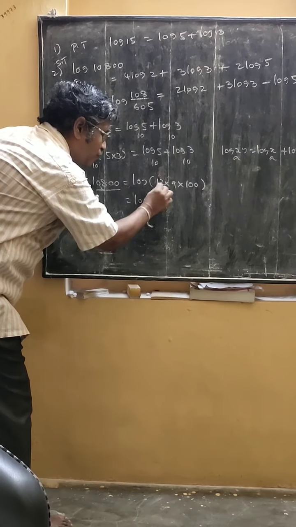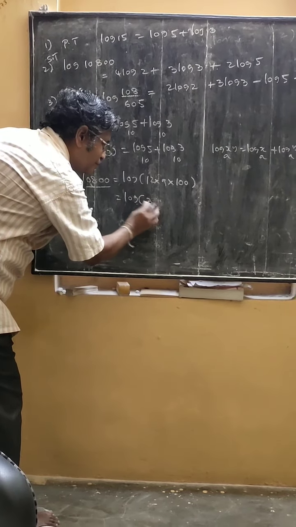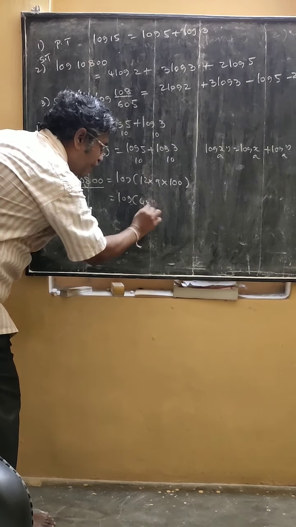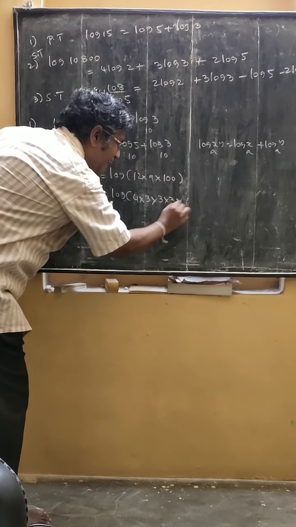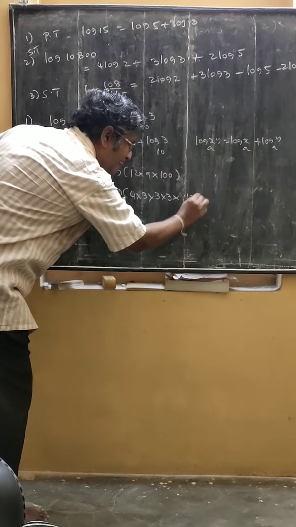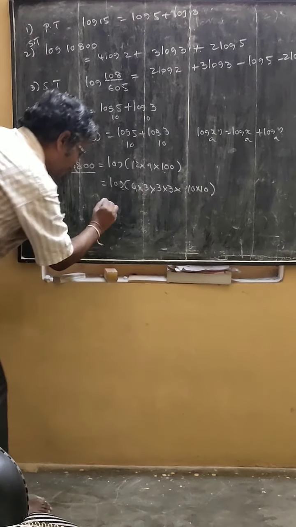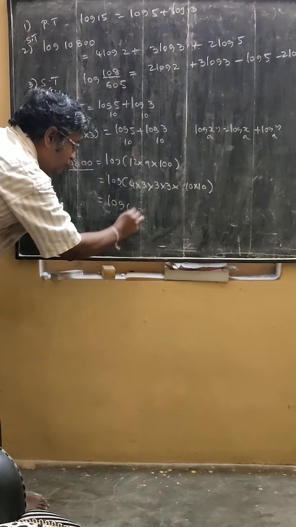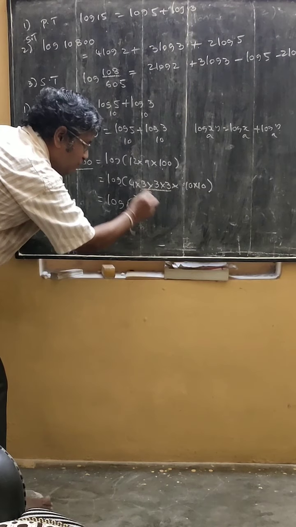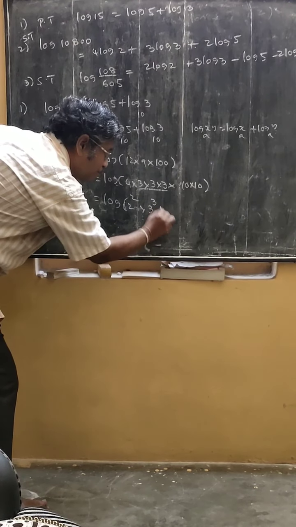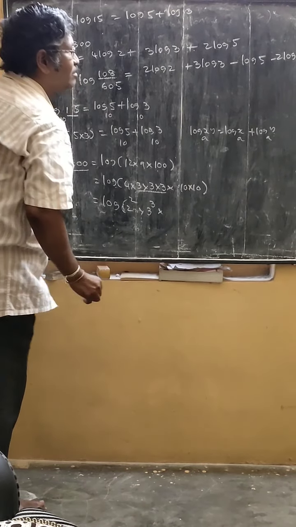How can you write 12? 4 into 3. Very good. 9 is 3 into 3, and 100 is 10 into 10. Log 4 can be written as 2 square, the 3s give 3 cube, and the 10s give 10 square.